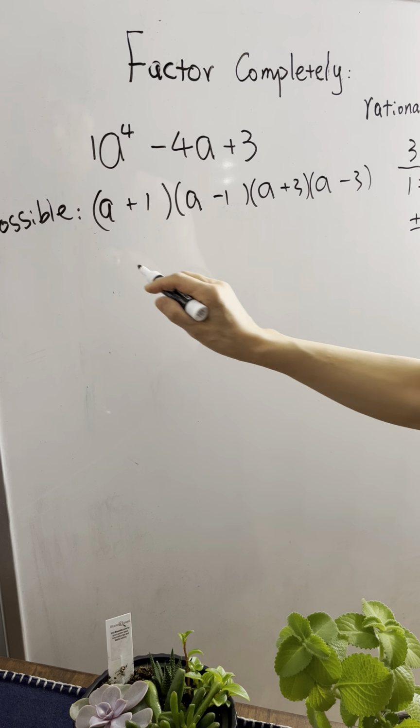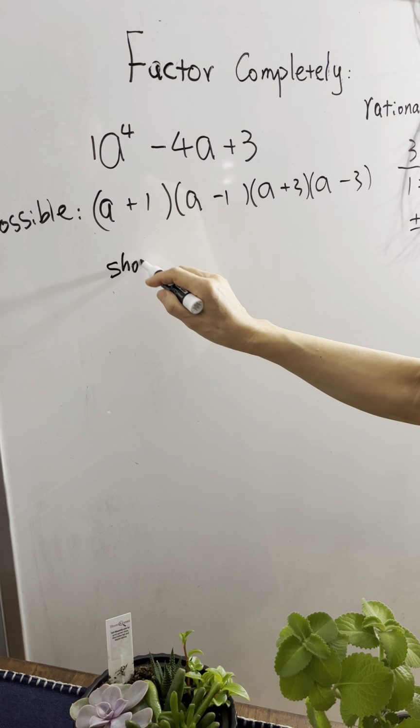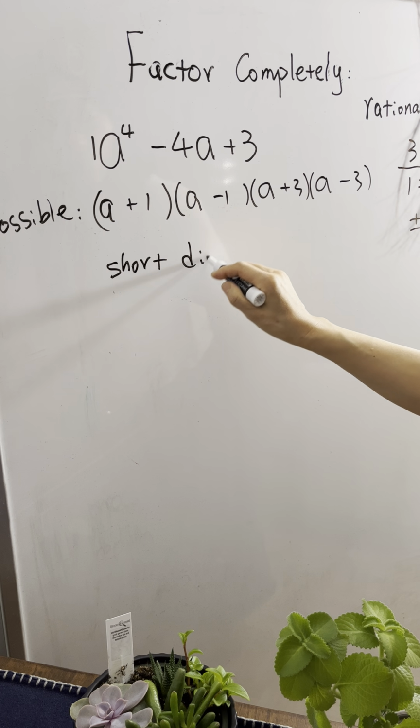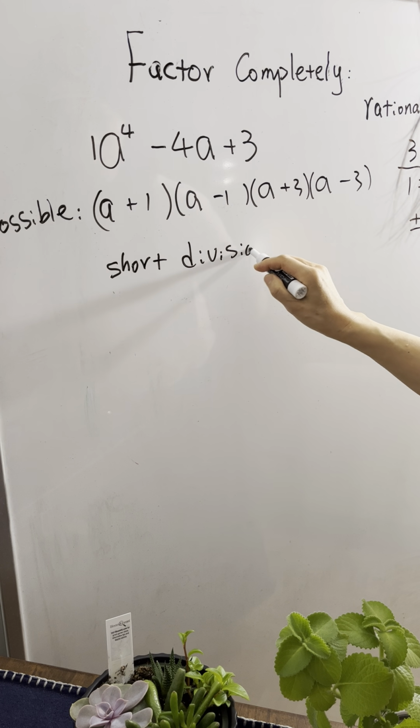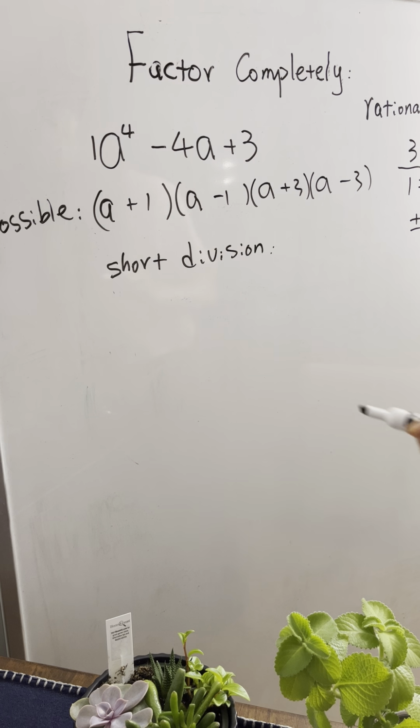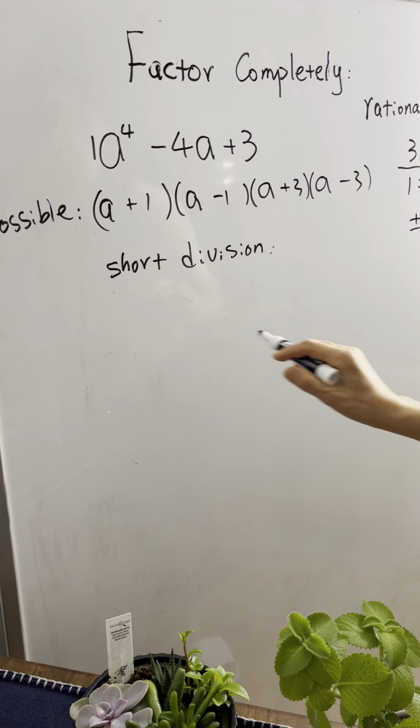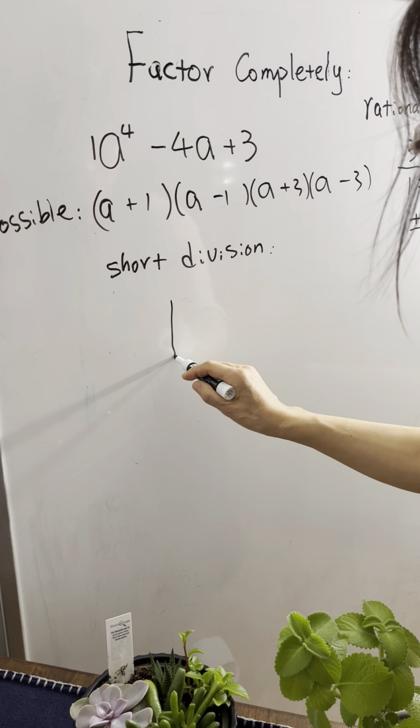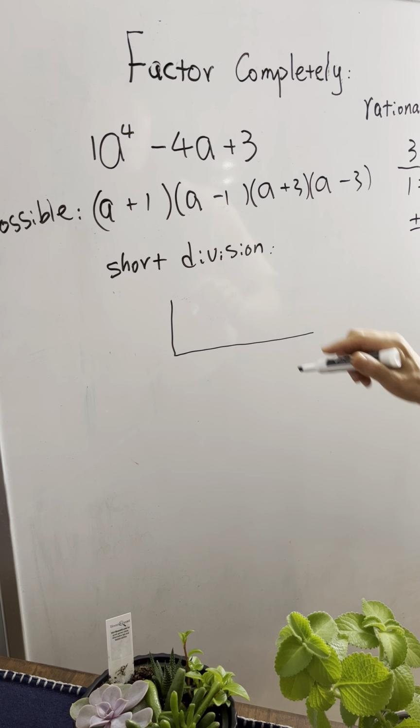So how do we check? We use something called short division. We can always perform long division, but long division is a lot of writing. So let's try to use short division. Short division only deals with the coefficients.